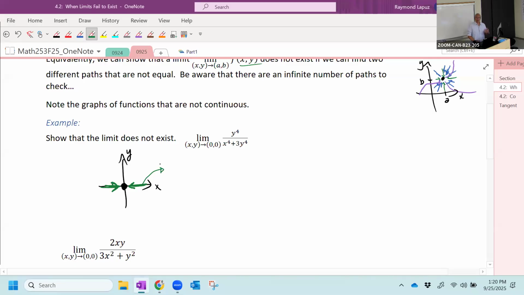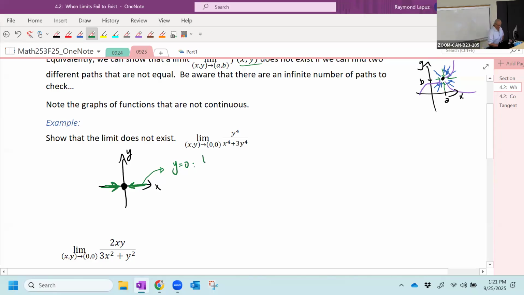What is this line, this x-axis? y equals 0. y equals 0 represents the x-axis, and that could be the path that I'm concerned about. So I'm going to say y is equal to 0, and I'm on this path, and I want to follow this function along that path.